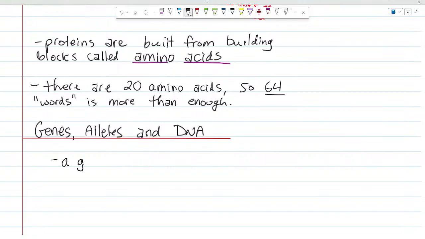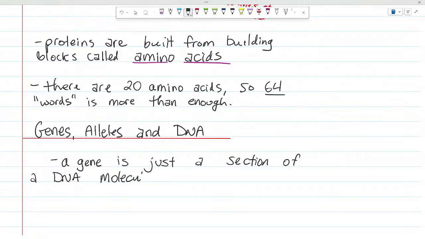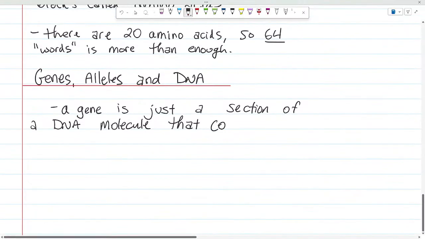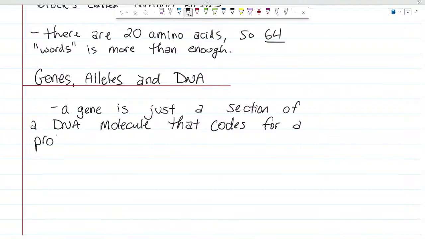A gene, therefore, is just a section of a DNA molecule that codes for a protein. The action of that protein, what that protein does, is what actually gives you the trait.